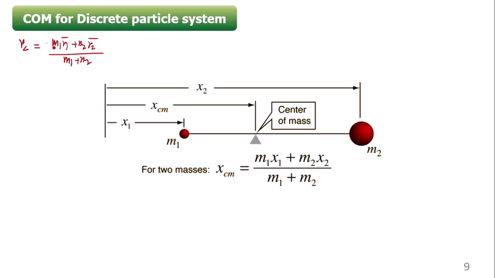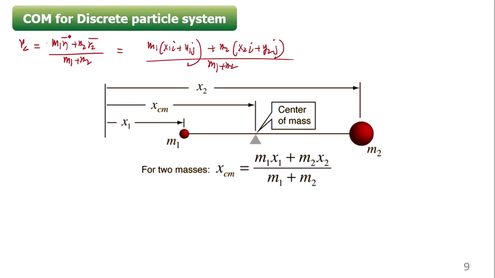Now, what is R1? R1 is the position of M1. That means I can write it as M1 into (X1 i plus Y1 j), plus M2 into (X2 i plus Y2 j), whole divided by M1 plus M2.